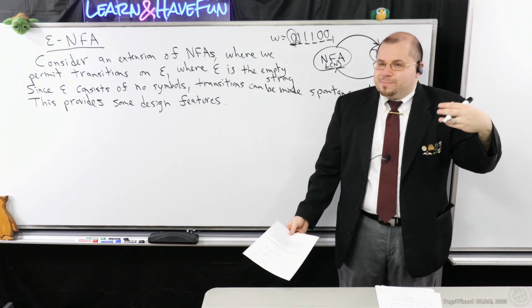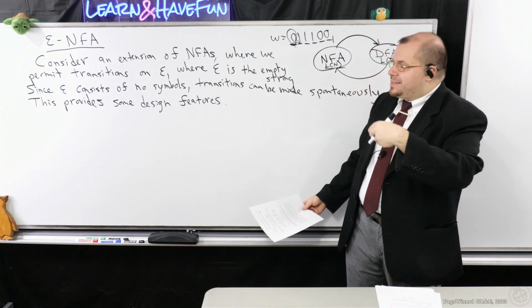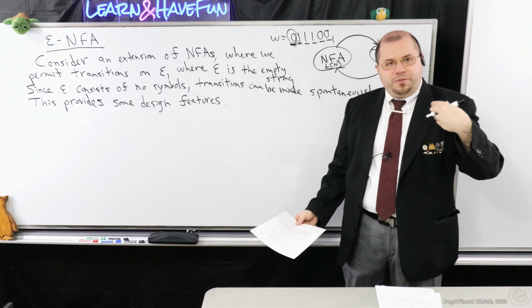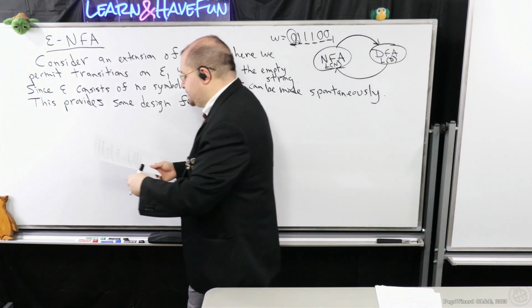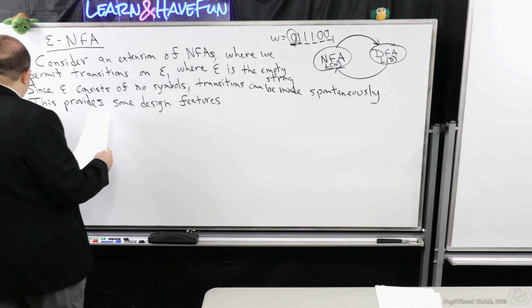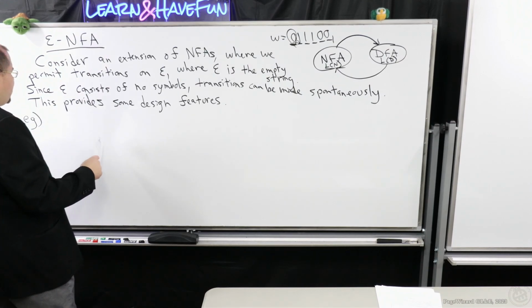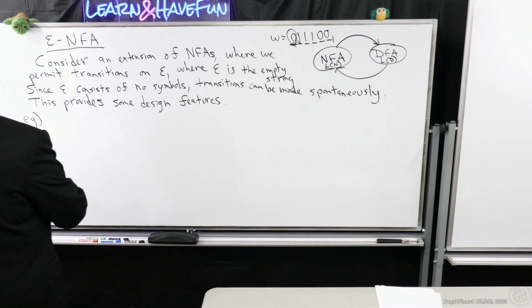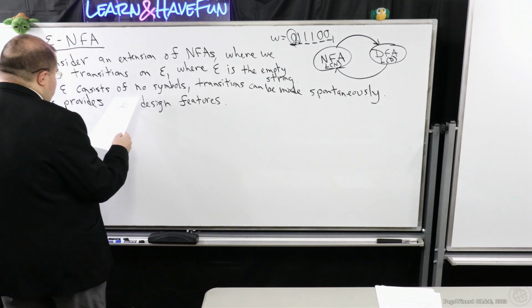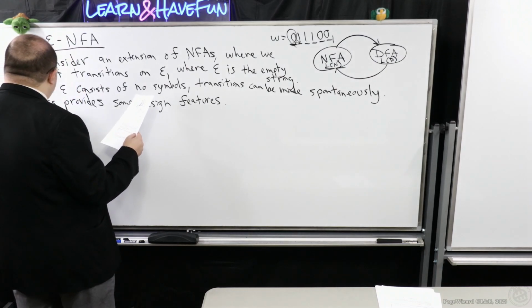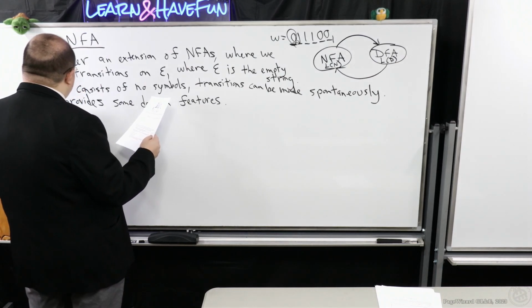But I think once you get a high-level idea of what this extension does, the definition will flow quite naturally. So let's consider something that we've actually seen how we could do with an NFA, but we can make it much easier to do. Let's consider recognizing keywords.